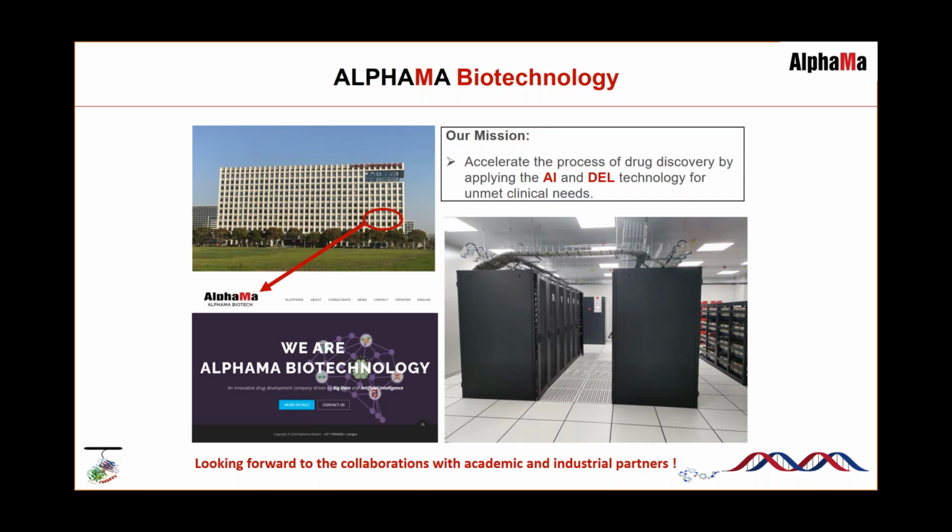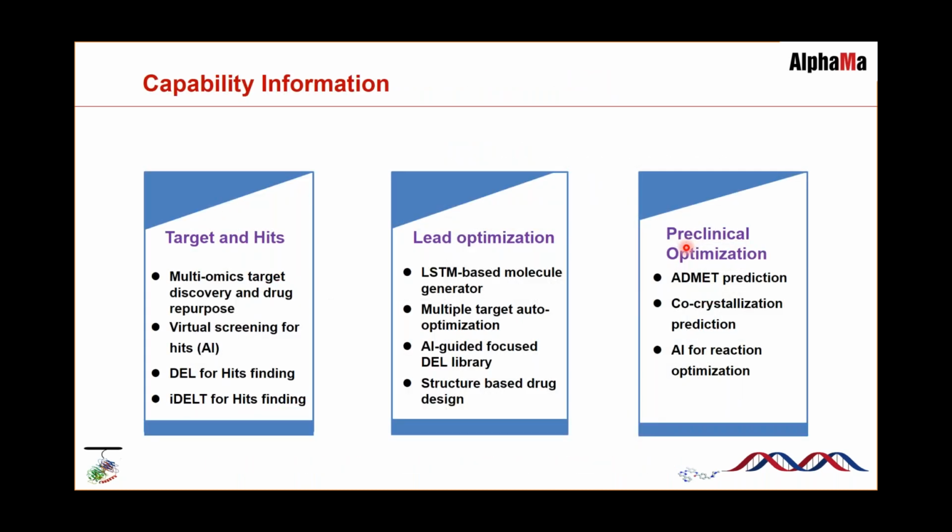Currently, our capabilities include target and hit and lead optimization, and also global target identification, and also from the hit to the lead, and preclinical compound optimization. And we have developed a series of AI-based drug discovery tools to speed up this process.